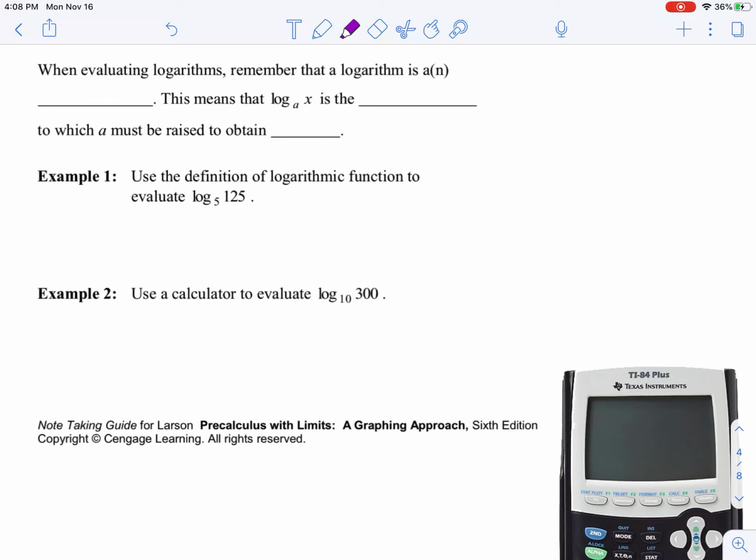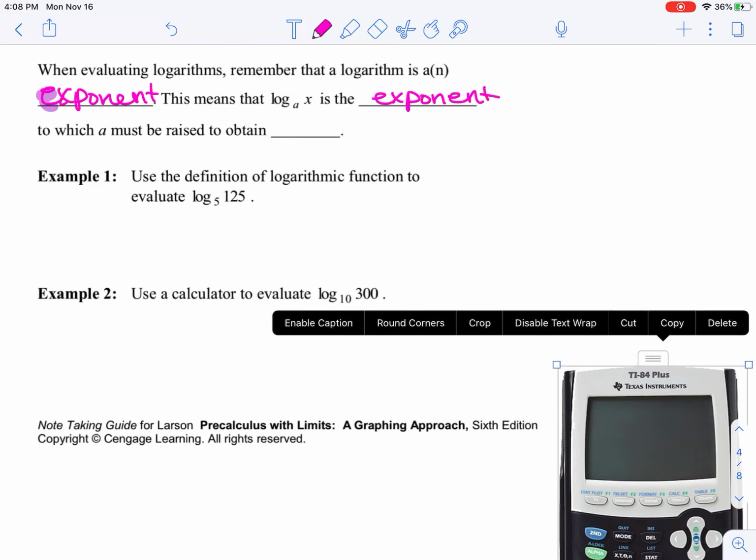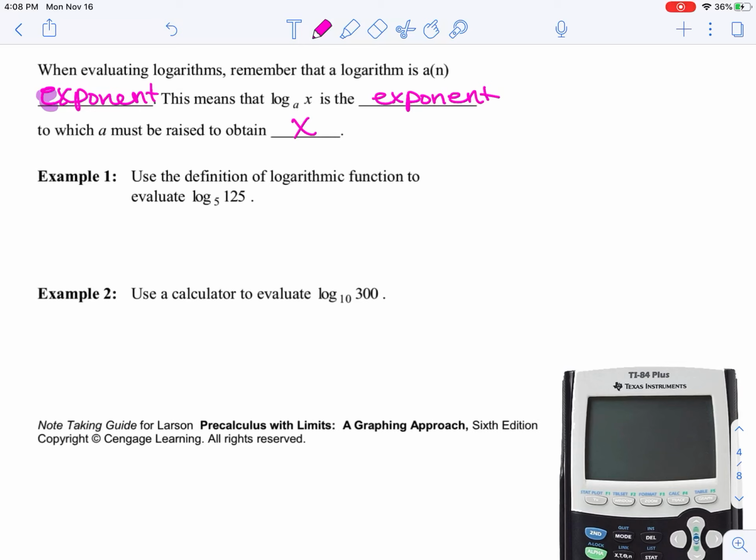And when evaluating logarithms, remember that a logarithm is basically an exponent. That means that log base a of x is the exponent to which a must be raised to obtain the value of x.